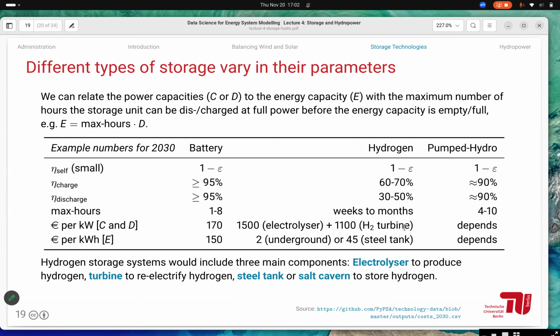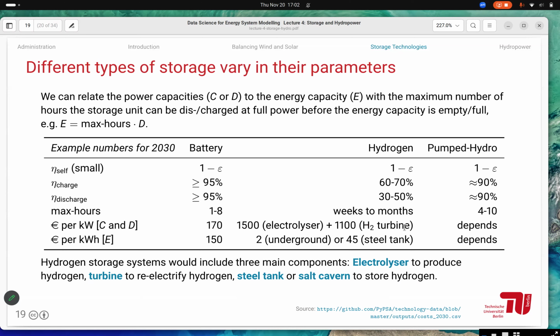And some technologies may be more suited, like for example, storing chemicals. It's very cheap for storing it for longer periods, but it's potentially inefficient to convert that electricity to that carrier.